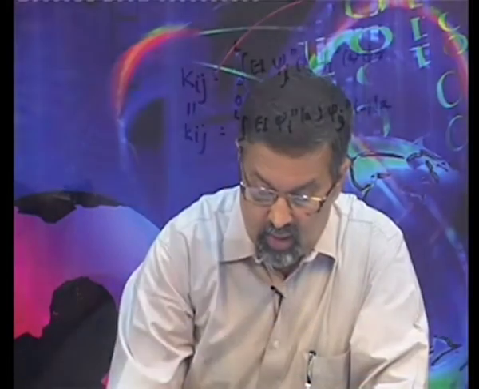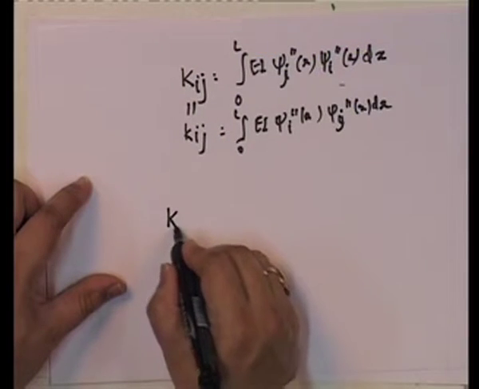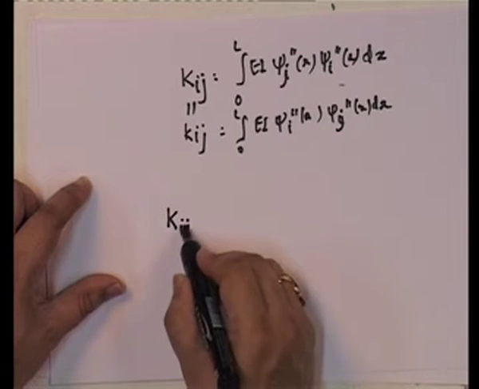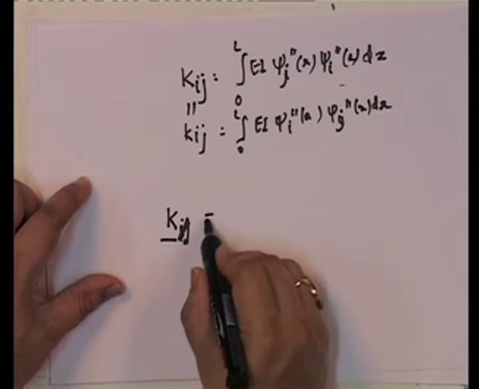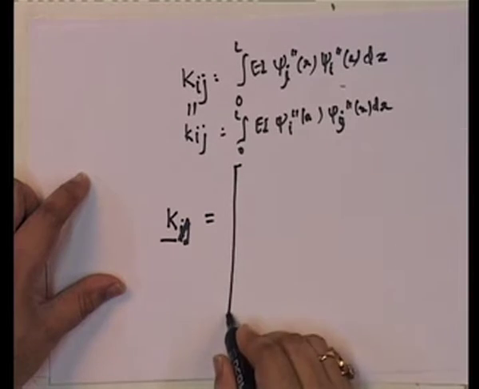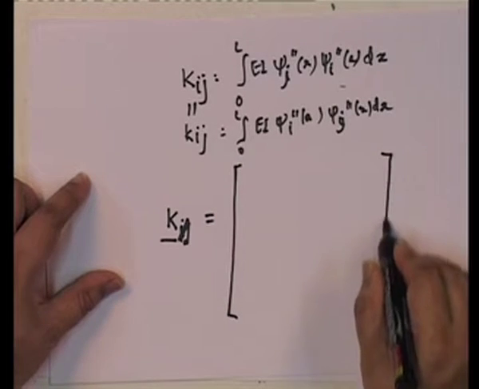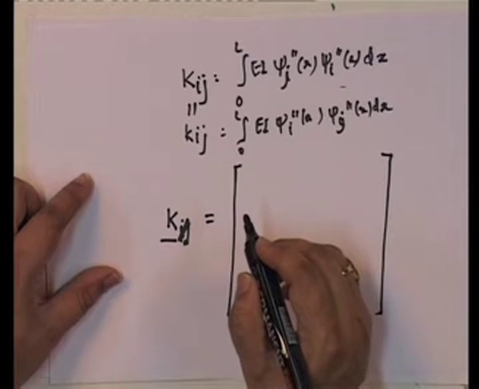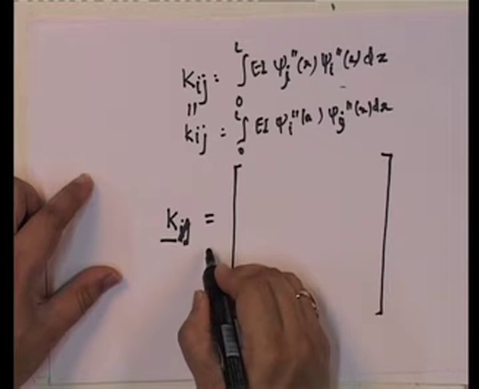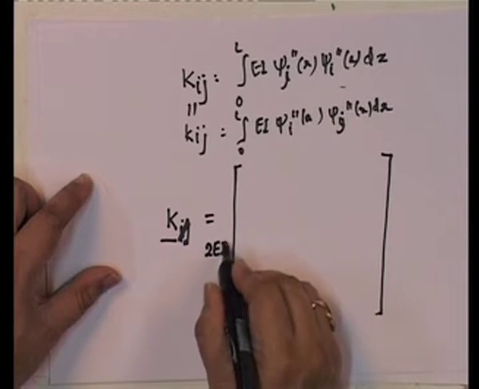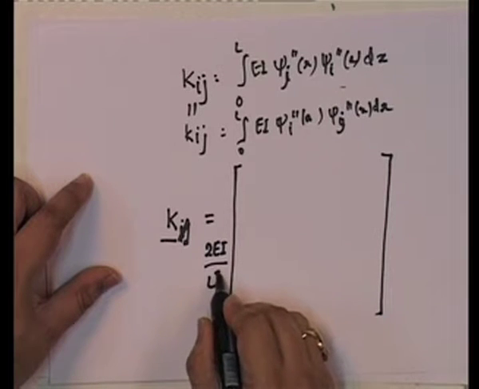Well, my k, sorry, not k I j, k, the stiffness matrix. The stiffness matrix looks like this. I am going to put it in this format, with 2 E I upon L cubed outside.